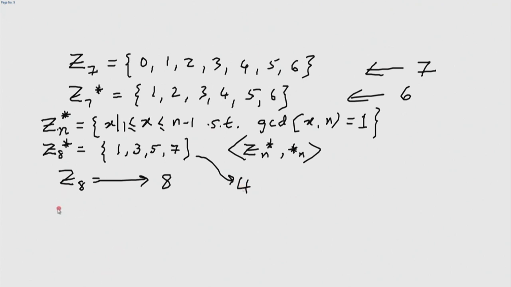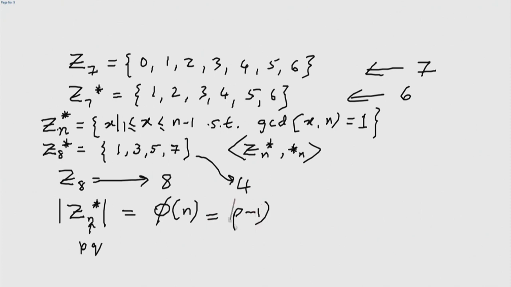In fact, when we talked about RSA, Zn star, where n is the modulus, which is the product p multiplied by q, the cardinality of this set is precisely phi of n, which is p minus 1 times q minus 1. In this special case, the n is the product of 2 primes.